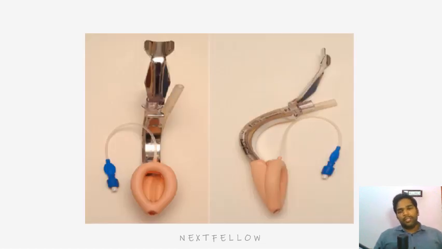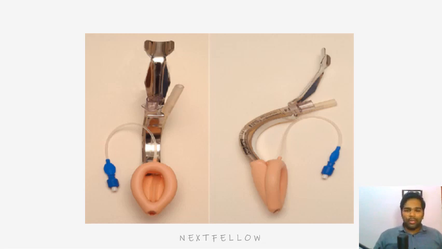Now I have a question. In the previous slide I wrote that it has an introducer. So when you see this picture, you may think it comes with a handle. It comes with a metal handle, and by this color you may identify it as an intubating LMA. But please don't make that mistake. This is a wire reinforced tube, and this is nothing but an introducer.